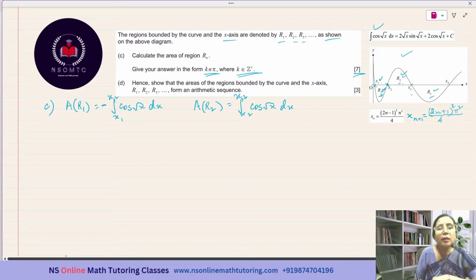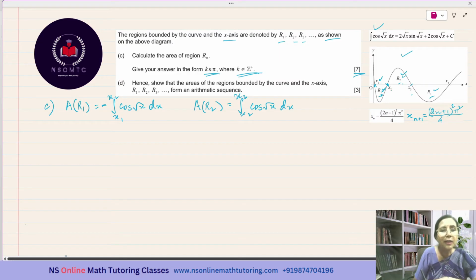So now that they are saying find the area of the region Rn, we do not know whether it is below the x-axis or above the x-axis. This is needed because that will be telling us whether to put a leading negative sign or not before the integral sign. Okay, since we do not know, what we can do is, area will always be a positive number. Area can never be a negative number.